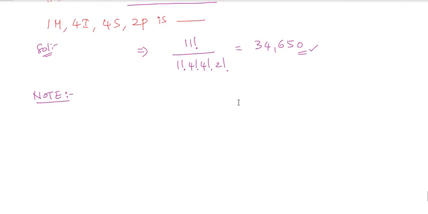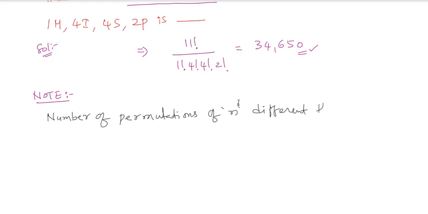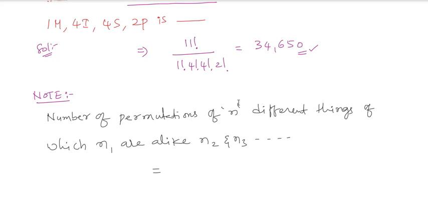The number of permutations of n different things, of which n1 are alike, n2 are alike, n3 are alike and so on, is given by n factorial divided by n1 factorial, n2 factorial and n3 factorial and so on.